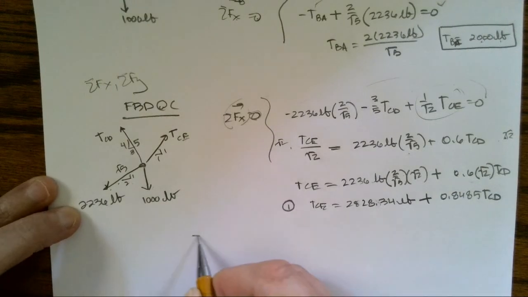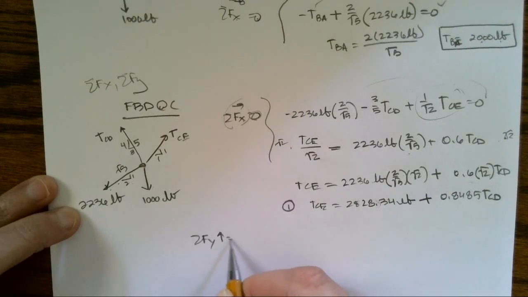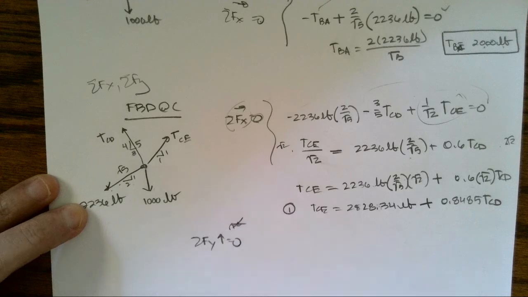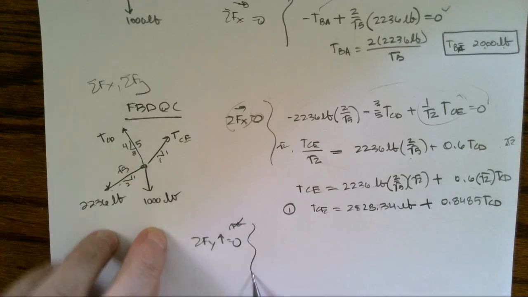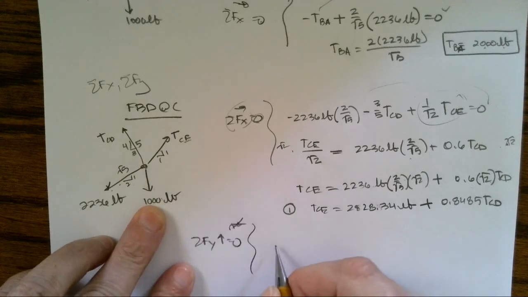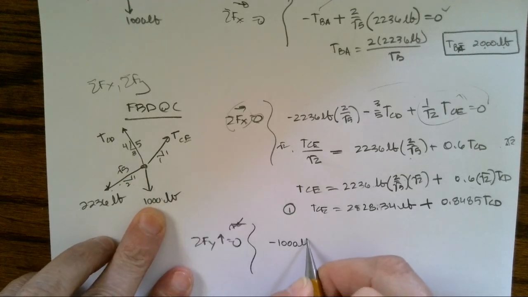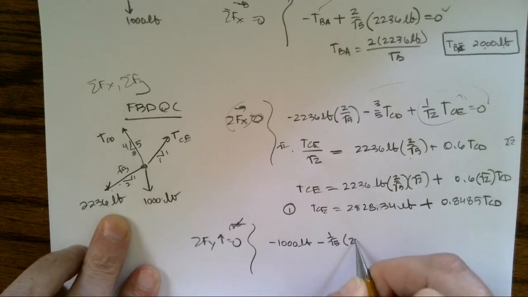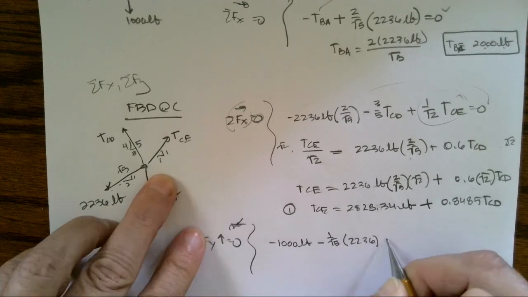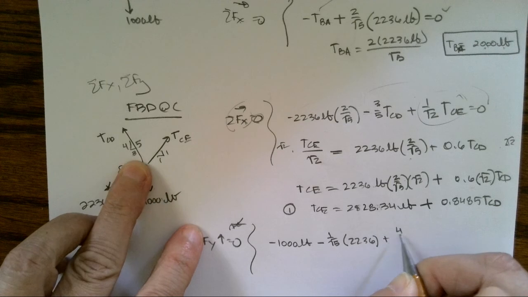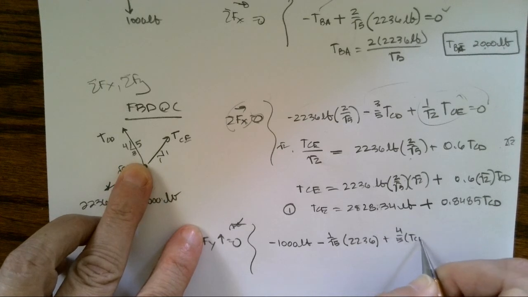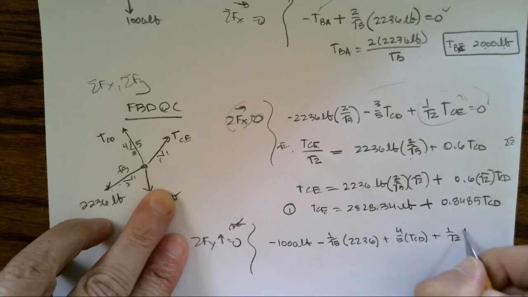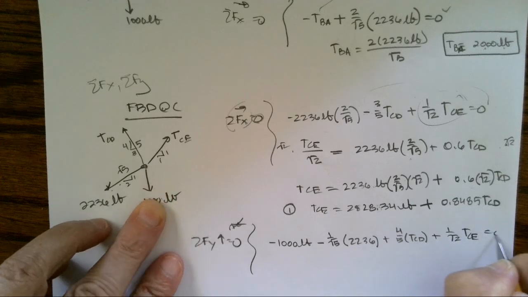Now I'm going to sum forces in the y direction. They equal 0 because, again, our mass acceleration is 0. We're in statics. Hopefully nothing is moving. And we're going to start here. So I have a negative 1,000 pounds minus 1 over square root of 5, 2236, plus 4/5 TCD, plus 1 over square root of 2 TCE equals 0.